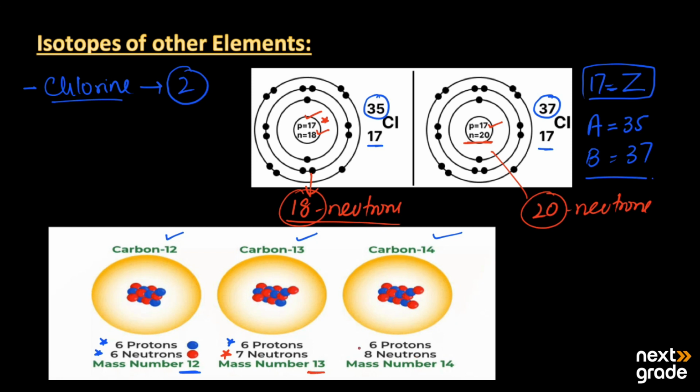It has 6 protons and 8 neutrons. So all of these differ only in their number of neutrons. This is basically the basis of isotopes, how they have been discovered. There is a change in the number of neutrons present in the nucleus.